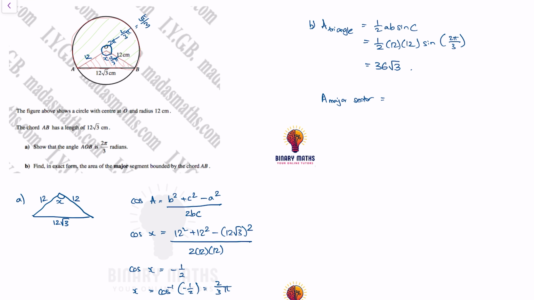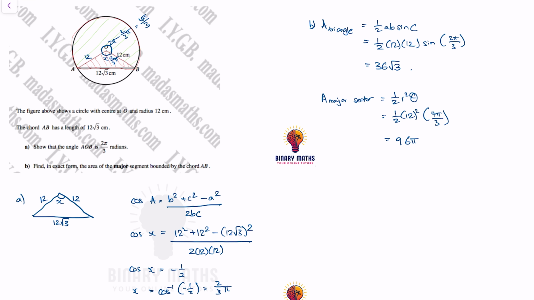So the formula I'm using is half r squared theta, which is half times 12 squared times 4 pi over 3, which gives me a value of 96 pi in exact form.